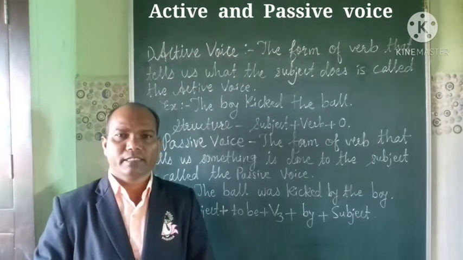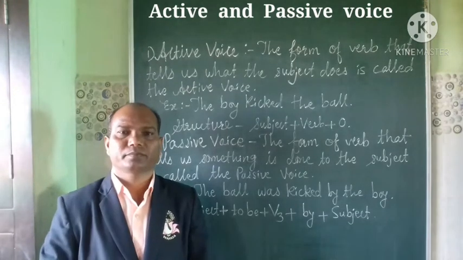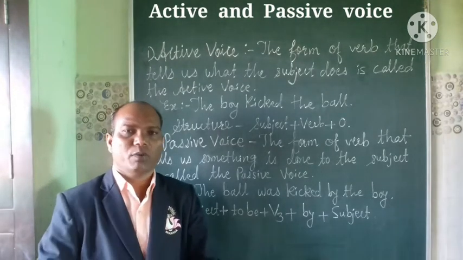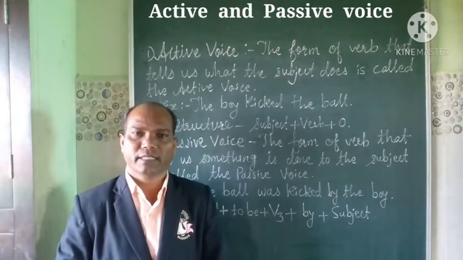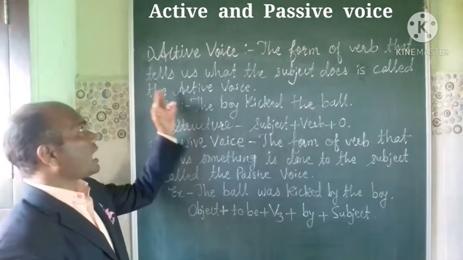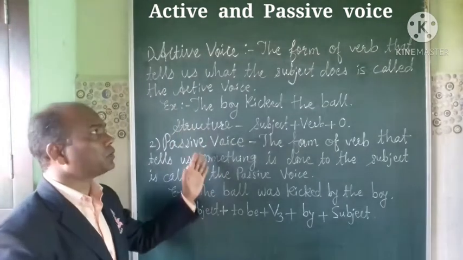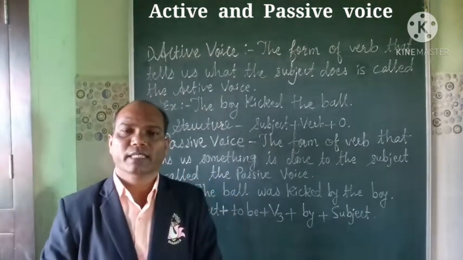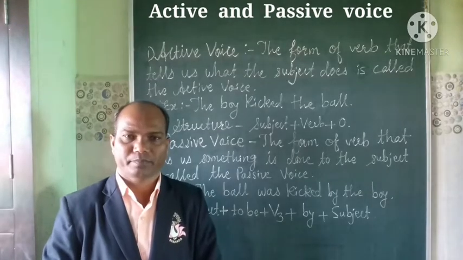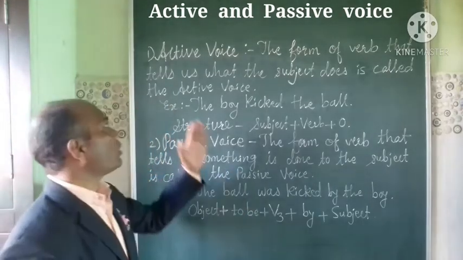Transitive verb has two voices. Which are they? Active voice and passive voice. These are the two voices. So let us understand each of them. First, active voice.